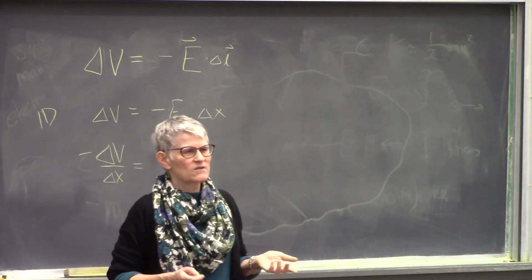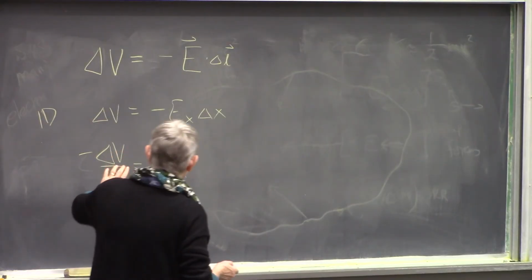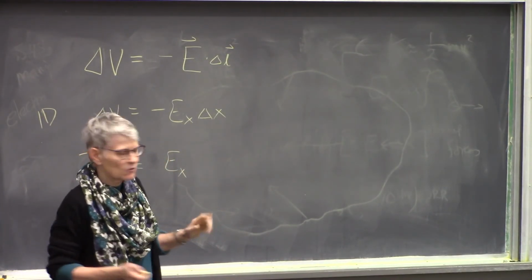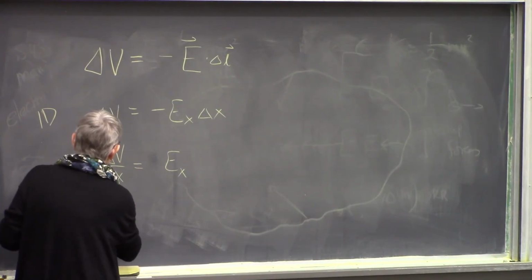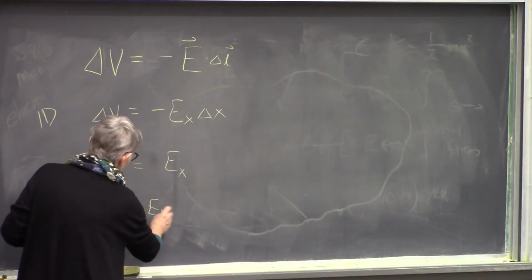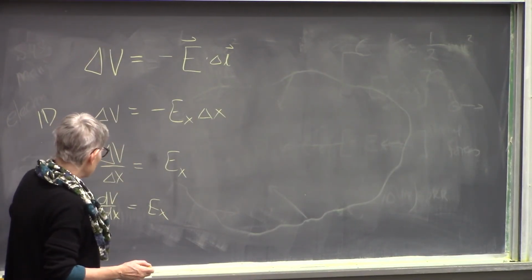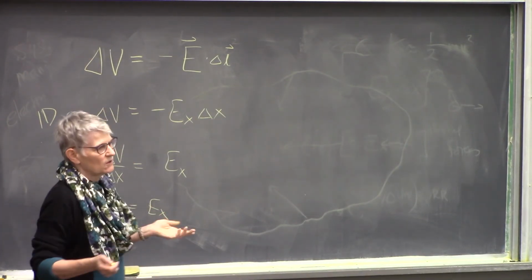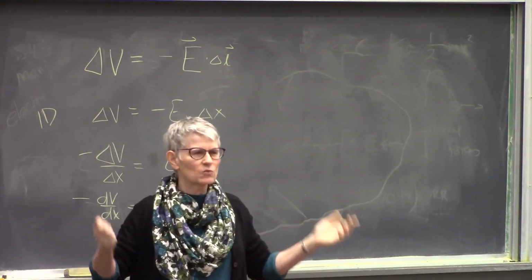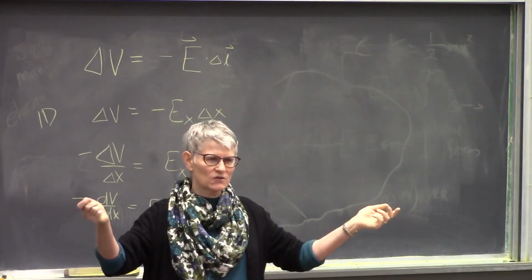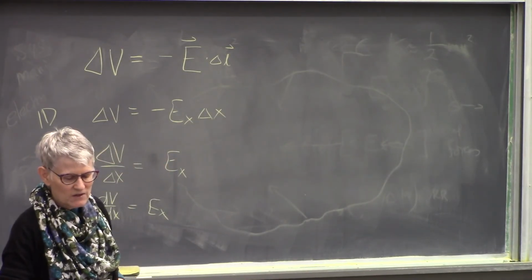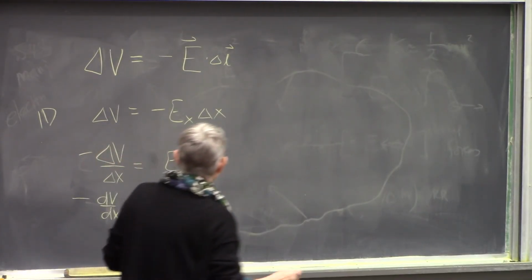And basically, if we just take delta x small, it turns into a derivative. So we get a minus dV/dx, and the way we say this is, the x component of the electric field is the negative x derivative of potential, okay? So we can say that the electric field is the negative gradient of potential.